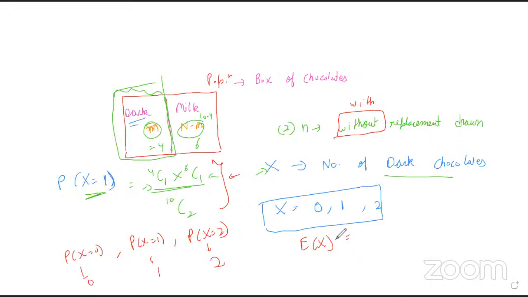But when I know that it is hypergeometric distribution, then we can simply use the formula of expected value for hypergeometric distribution. We don't need to do this extended calculation. I can simply use the formula and get the value. So that's how random variables and distributions are going to make a lot of things easier for you.